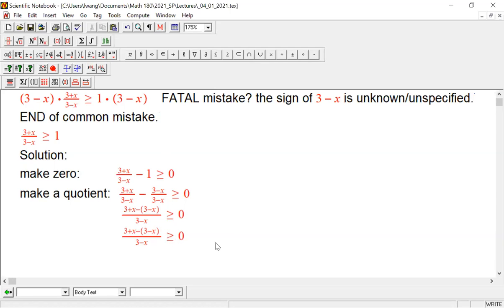If you're not very sophisticated algebraically yet, you want to be very careful. So we're going to distribute this negative sign to inside the parentheses. So this is going to be plus 2x, plus x.